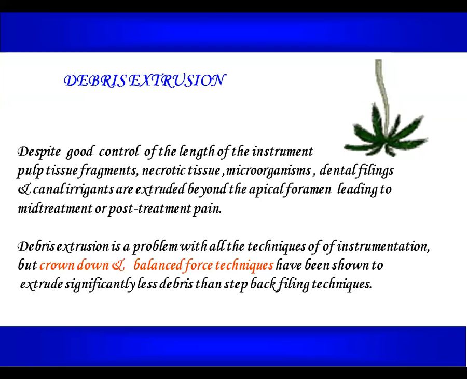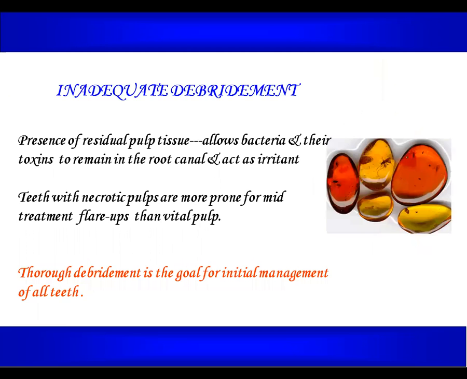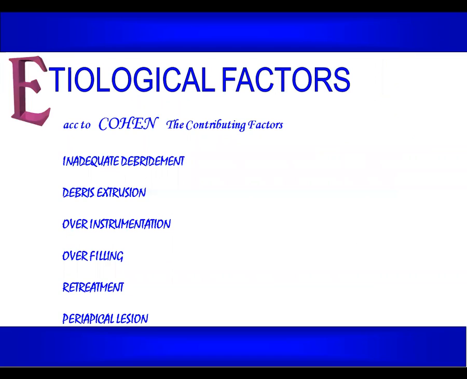Have you seen the Fish zone of contamination and the Kronfeld mountain pass theory? These two factors properly explain what happens when debris is extruded into the periapical lesion.